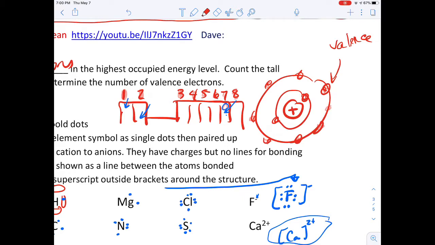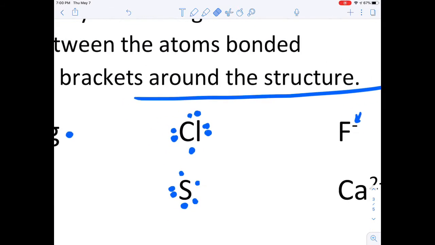But if it has 7, then what that means is that we can call those valence electrons, and we use them as dots. So you'll notice right here, that's what we do. We just put the dots around, and if you remember, you're supposed to make sure that you are putting them in little groups. Imagine 4 circles around them, and you pair them singly before you pair them up.